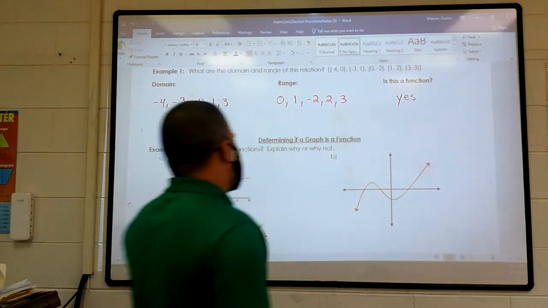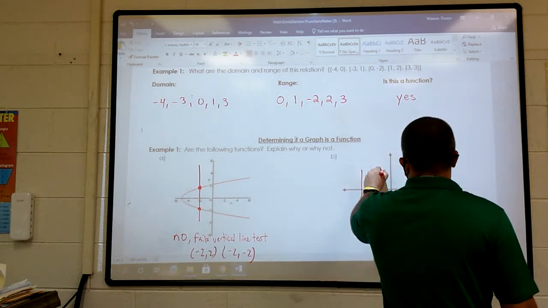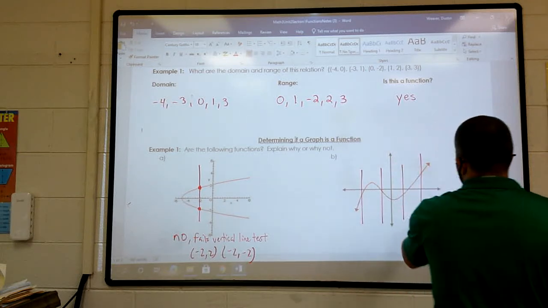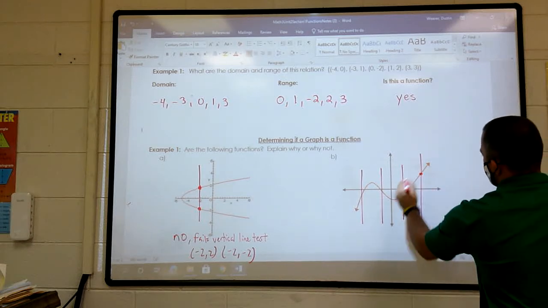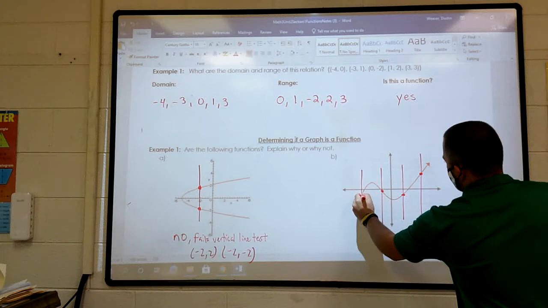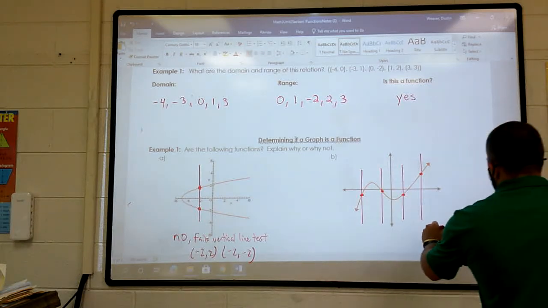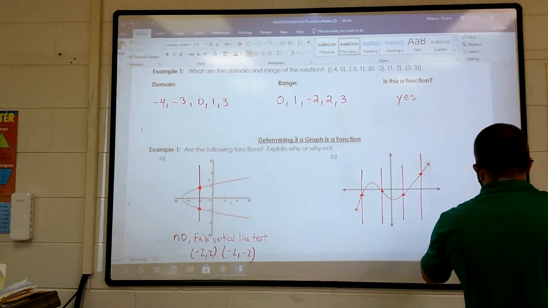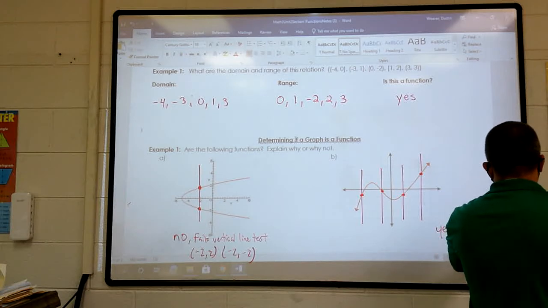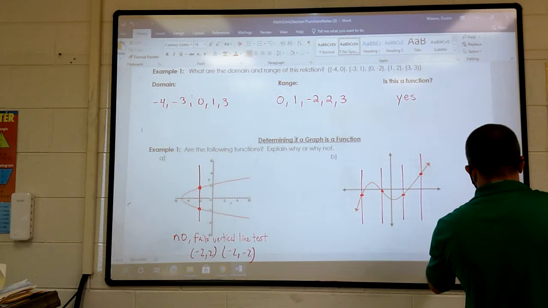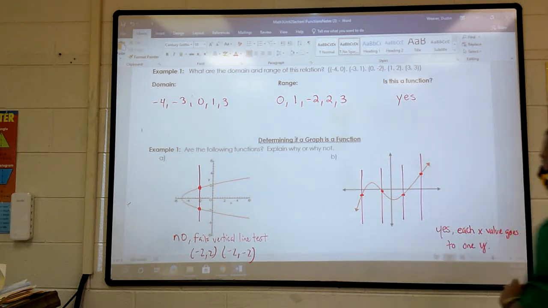Now here, if I made a vertical line anywhere through this, notice that red line, it only crosses once. So like here, here, here. You're seeing that it only crosses one time. It doesn't cross twice like it did in example A. So in this one, we would say, yes, it is a function. Okay? Each x value goes to 1 y. So in this case, you don't have any x's that repeat.